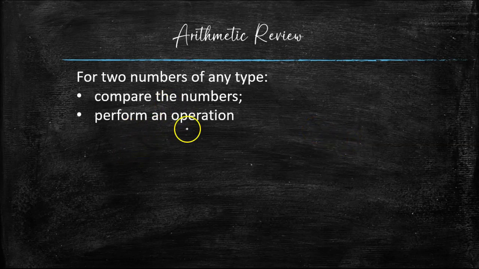Also, for any two numbers, you should be able to perform an operation. And now here I'm going to add the word binary. When you have two numbers and an operation is performed on two numbers, it's called a binary operation. So you may ask what other operations are there. As you can imagine, the prefix bi suggests binary means two.